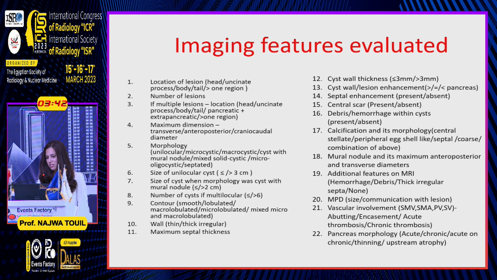The lesion was classified as microcystic if there were more than 6 cysts, with individual cysts being less than 2 centimeters in size, and macrocystic if one or more individual cysts was more than 2 centimeters in size in a multicystic lesion. If there were fewer cysts, less than 6, with the size of individual cysts being less than 2 centimeters, it was classified as micro-oligocystic lesion.